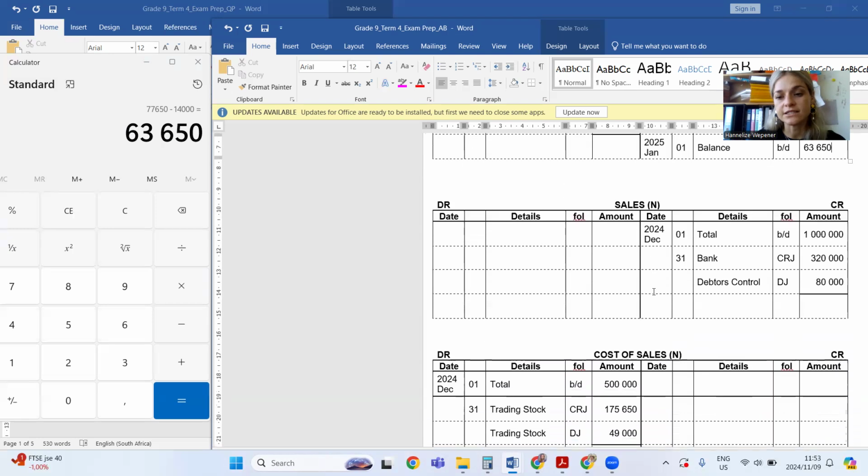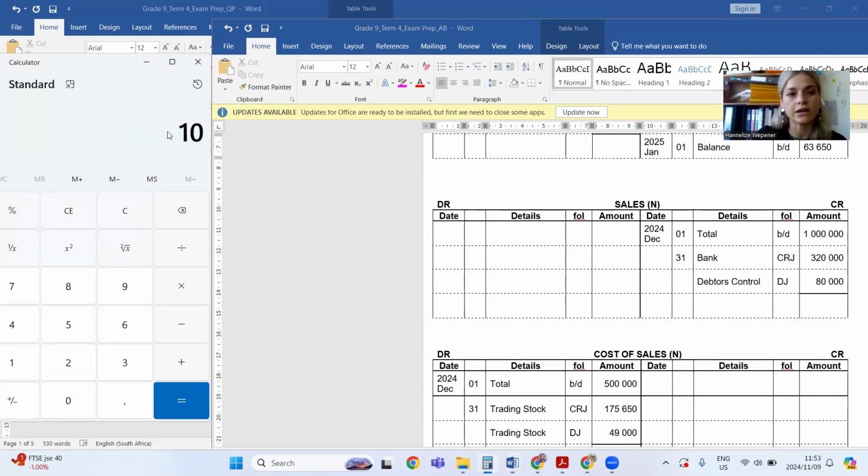Now for sales and cost of sales, those are your nominal accounts, so we're only going to total them. We're not going to draw double lines. Can you see? I only have one line there. No double lines for our nominal accounts. Plus 320, so 1.4. Just adding the total.